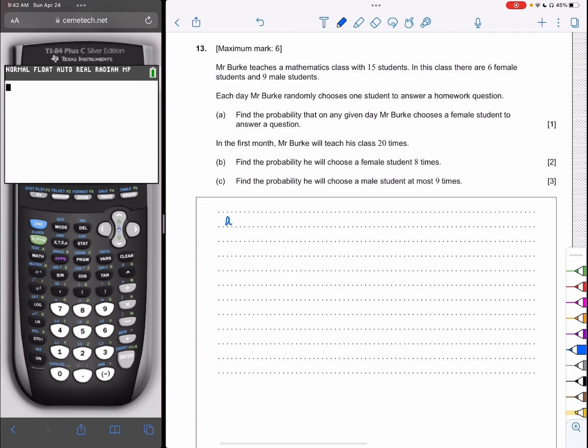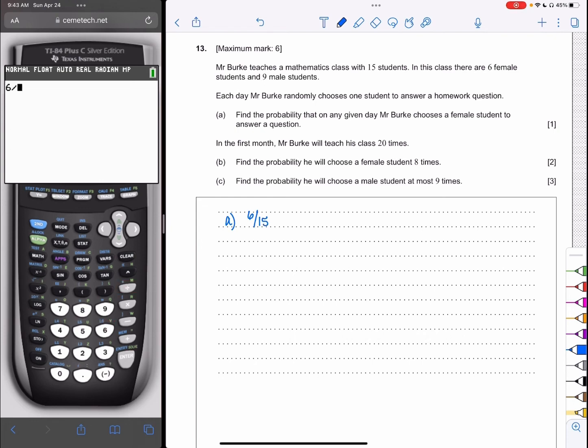So on any day, he chooses a female student. It says he has 6 females, 9 males. You have to understand that there are 6 females and 9 males. That's going to be 15 students total. So that's going to be a probability of 6 over 15.